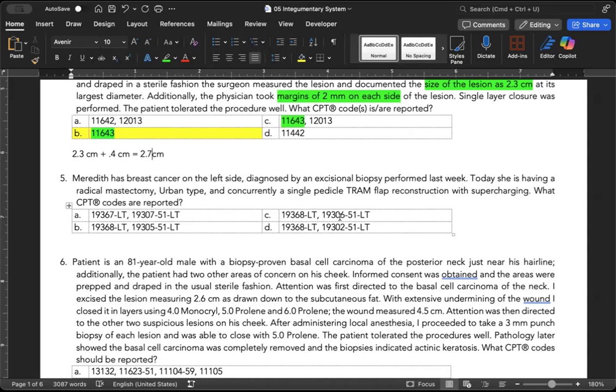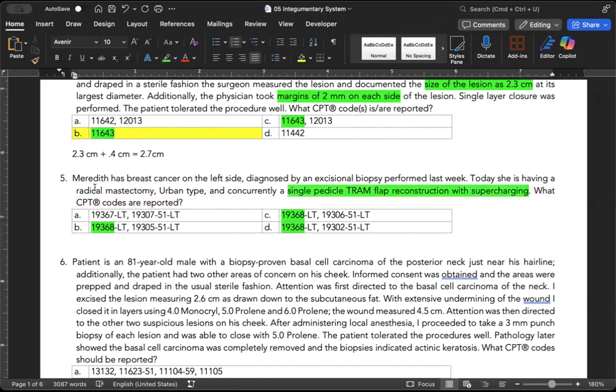So 19368 is going to be breast reconstruction with single pedicled transverse rectus abdominis myocutaneous, also known as a TRAM flap, requiring separate microvascular anastomosis with supercharging. So the 19368 is good, right? We know we need that one. Now, that's our single pedicle TRAM flap.